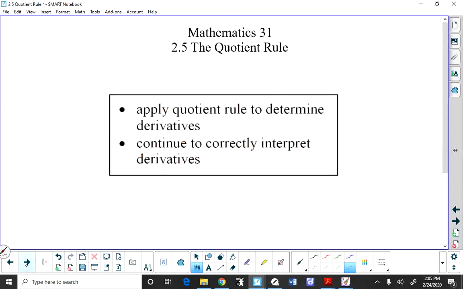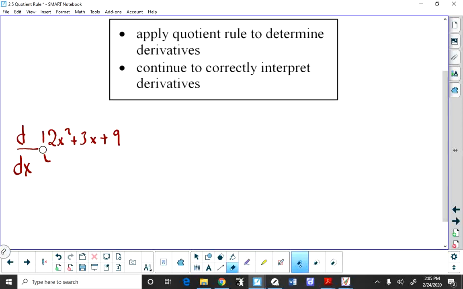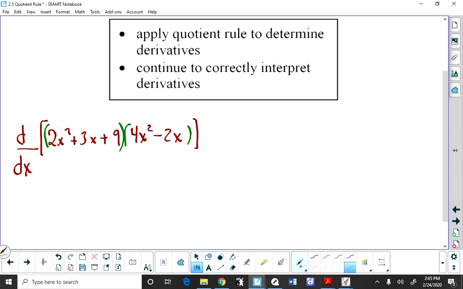Okay, so we are going to be learning the quotient rule today. We learned yesterday that if you wanted to take the derivative of the following, and you don't need to write this down, I'm trying to set the stage here for what we're doing today.